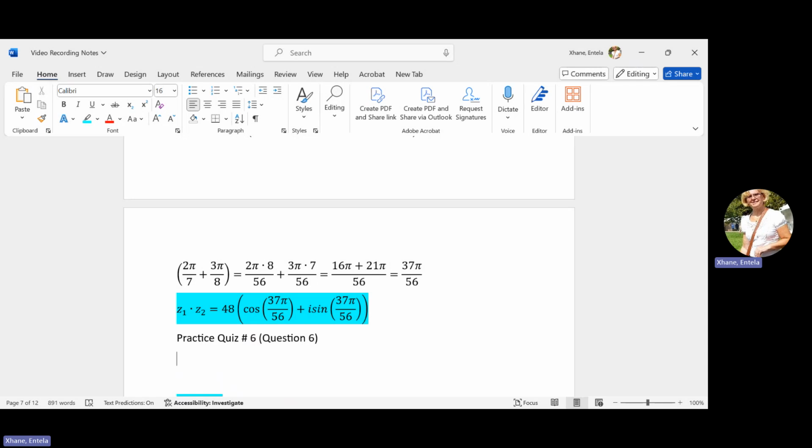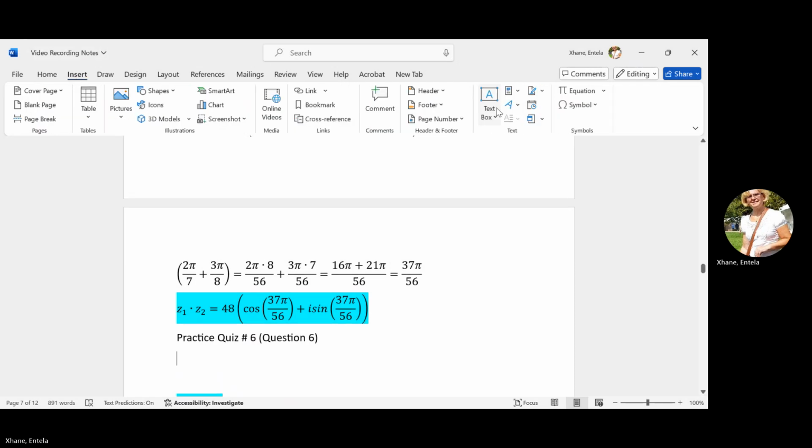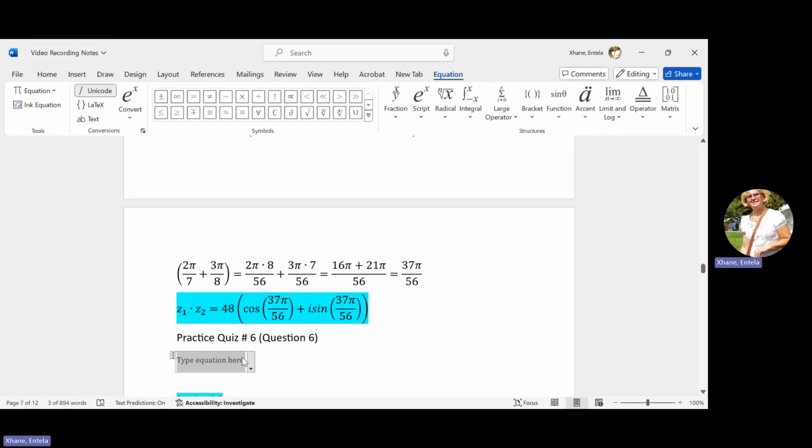So what are we trying to do? There's a complex number z, using de Moivre's theorem. Now, in your quiz form, you don't see z. So I'm going to type it in as it is, so everyone is aware of how the question is given.